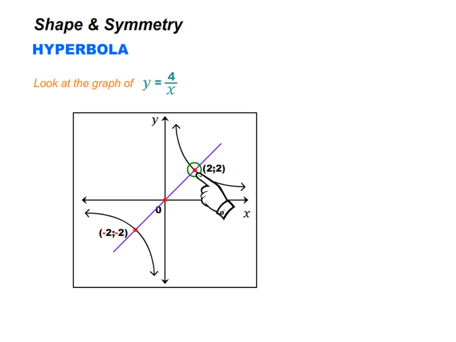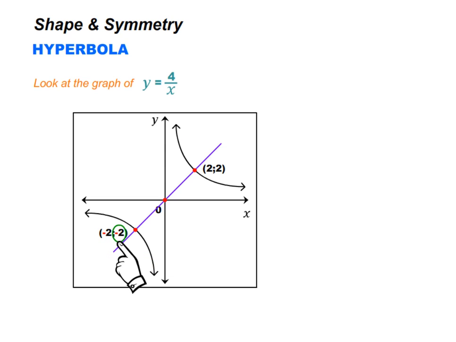Look at this point. This first 2 is our x-coordinate. This second 2 is our y-coordinate. At this point, x and y are equal. Look at this other point. This first -2 is our x-coordinate.